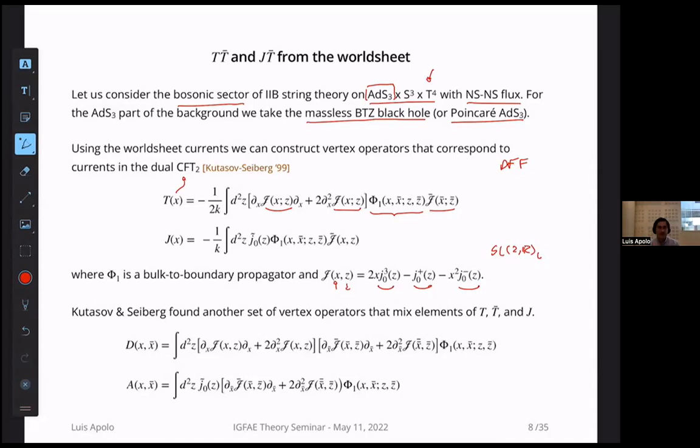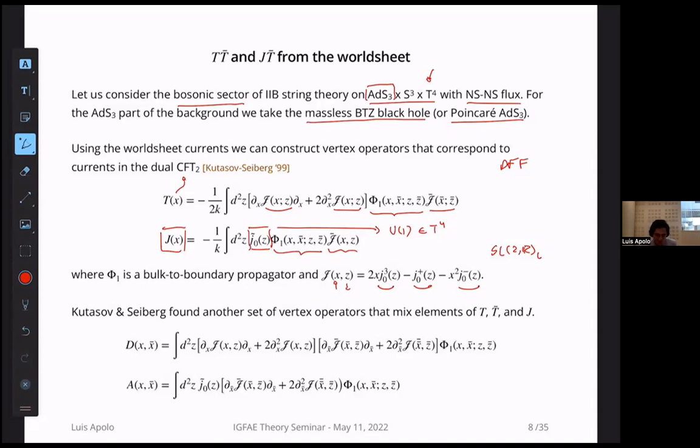And similarly, you can define a U(1) current that is given here. The ingredients that make up this current are, again, this bulk-to-boundary propagator, this soldering current, and an additional worldsheet current, which is, in this case, a current from the U(1) factor of T4. Of course, you could have taken any other currents from either the S3 or T4, and something similar happens.